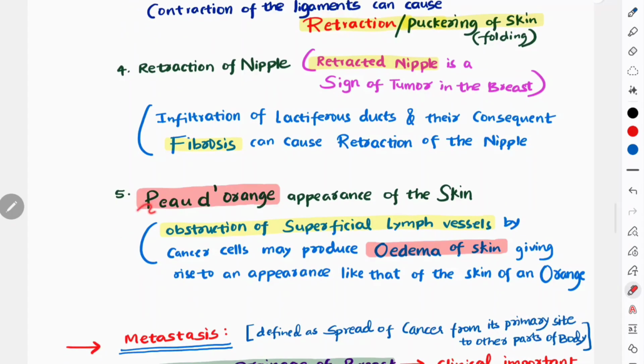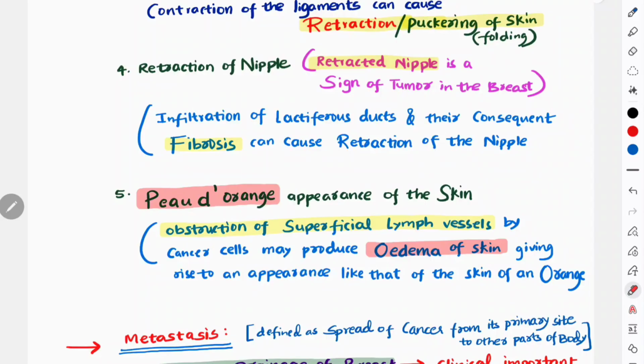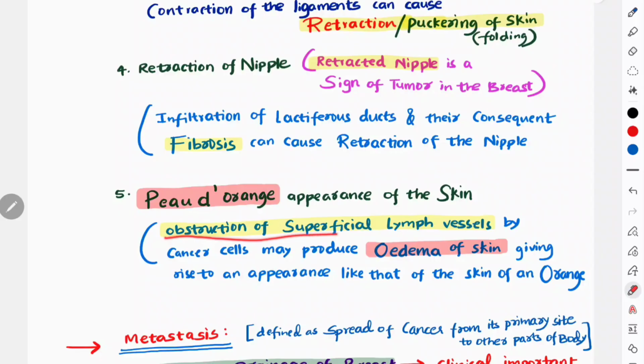And the peau d'orange appearance of the skin. It is like the skin of an orange. It is caused by obstruction of superficial lymph vessels by cancer cells, which may produce edema of the skin.